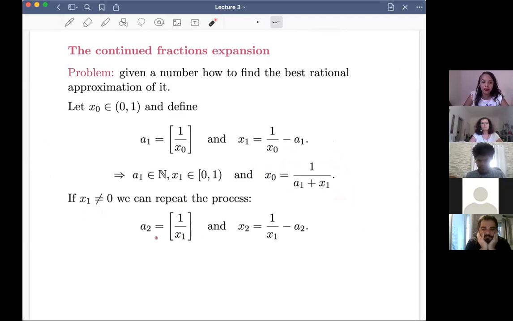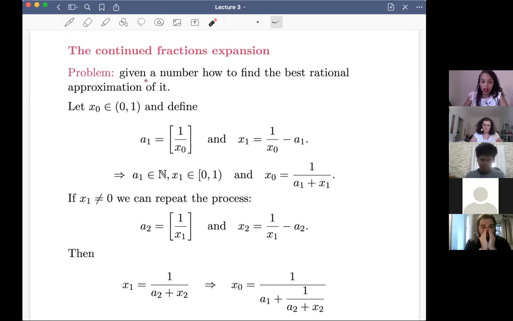What do you do? You take a2 to be, again, the greatest integer that is smaller or equal than 1 over x1. And x2 is simply 1 over x1 minus a2. Again, you can write now x1 equals 1 over a2 plus x2.